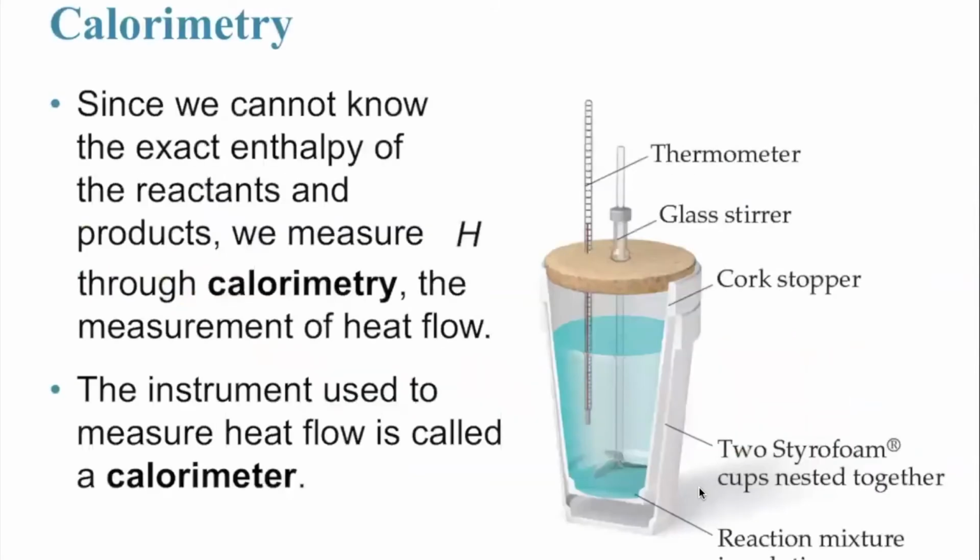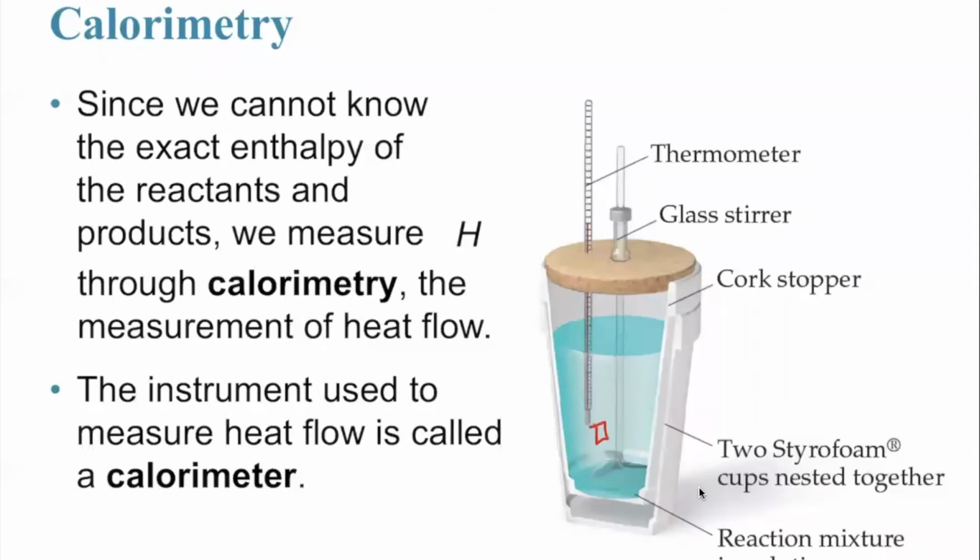Okay, so now we're going to start going over calorimetry. Calorimetry is the study of heat transfers by measuring the temperature change. For example, if this is what the calorimeter looks like, and inside you put hot pieces of metal, that heat is going to be transferred from the metal to the water.